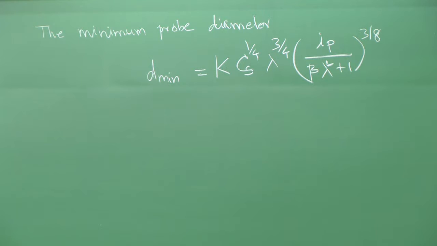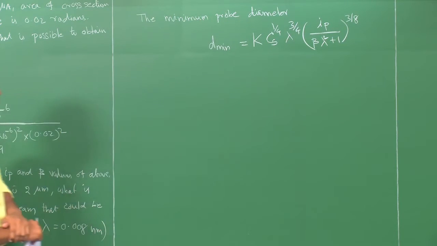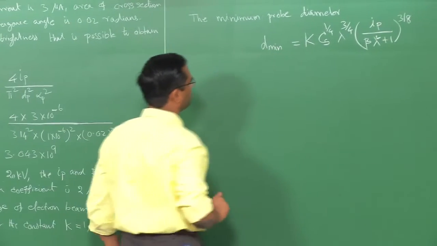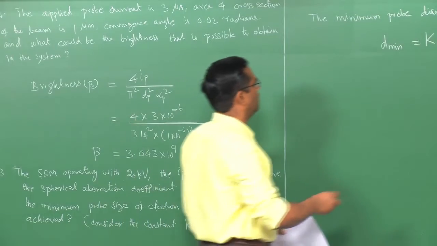This is the formula we have seen for obtaining the minimum probe diameter. If we substitute these values, let us see what values we get.